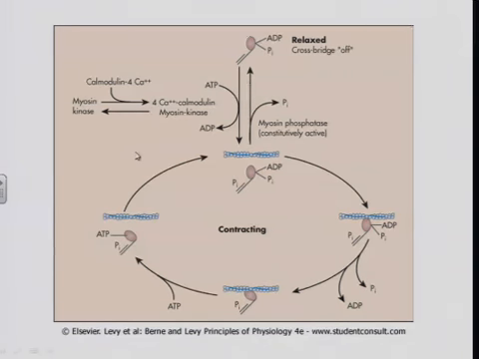And one of the things that's also more distinct about this is that we no longer have calcium binding directly to troponin and activating the troponin-myosin complex and troponin C. Instead, we have a much different mechanism.